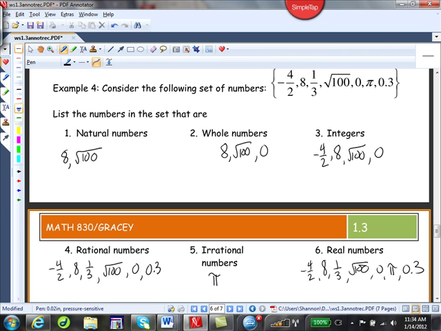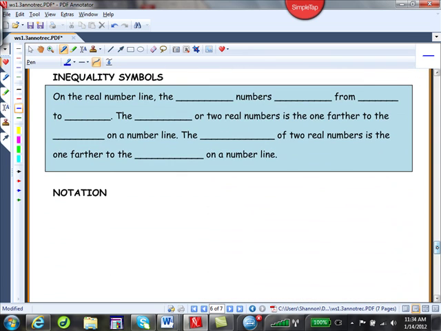Okay, now we're on to inequality symbols. So on the real number line, the real numbers increase from left to right.